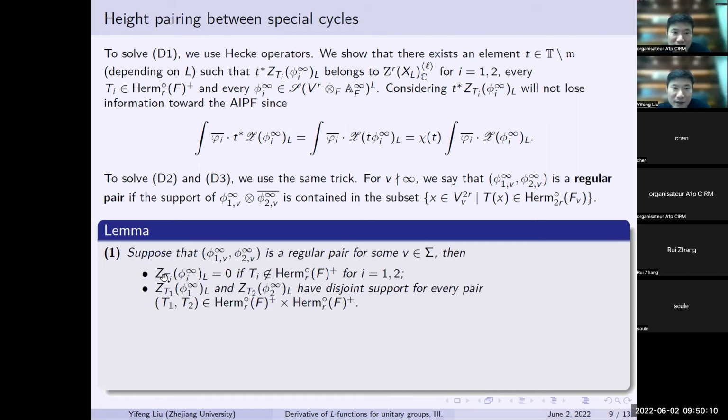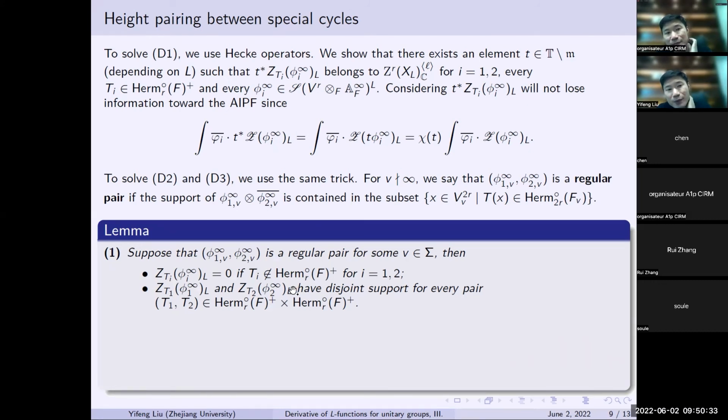Okay, so this solves D2, and the CT1 and the CT2 will have disjoint support for every pair T1, T2 that are both in the totally positive definite Hermitian matrices. Okay, so this little lemma solves both D2 and D3.